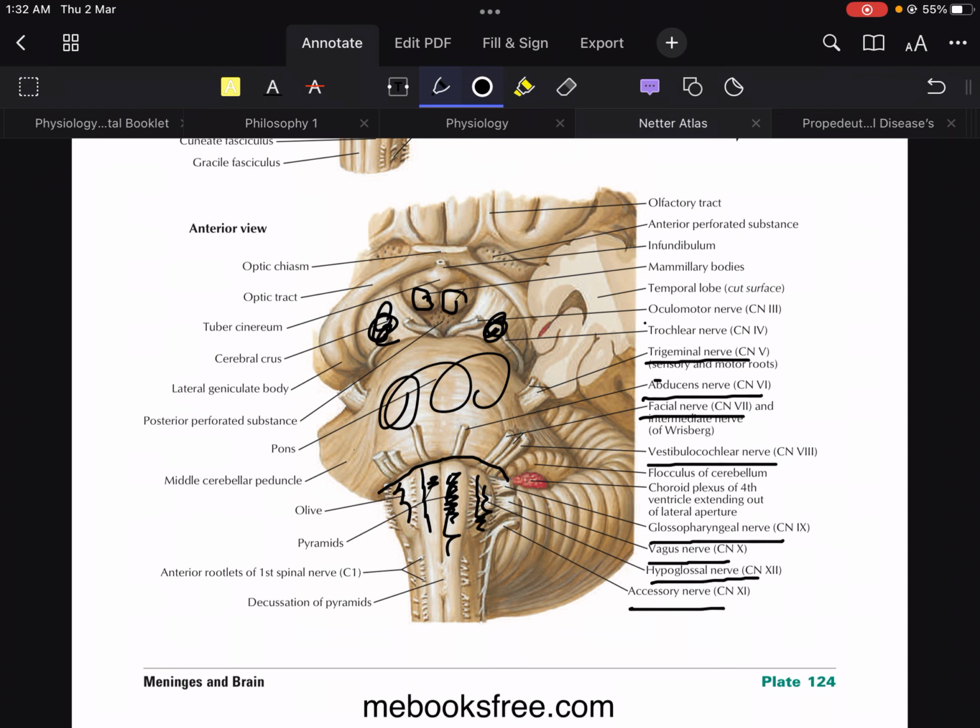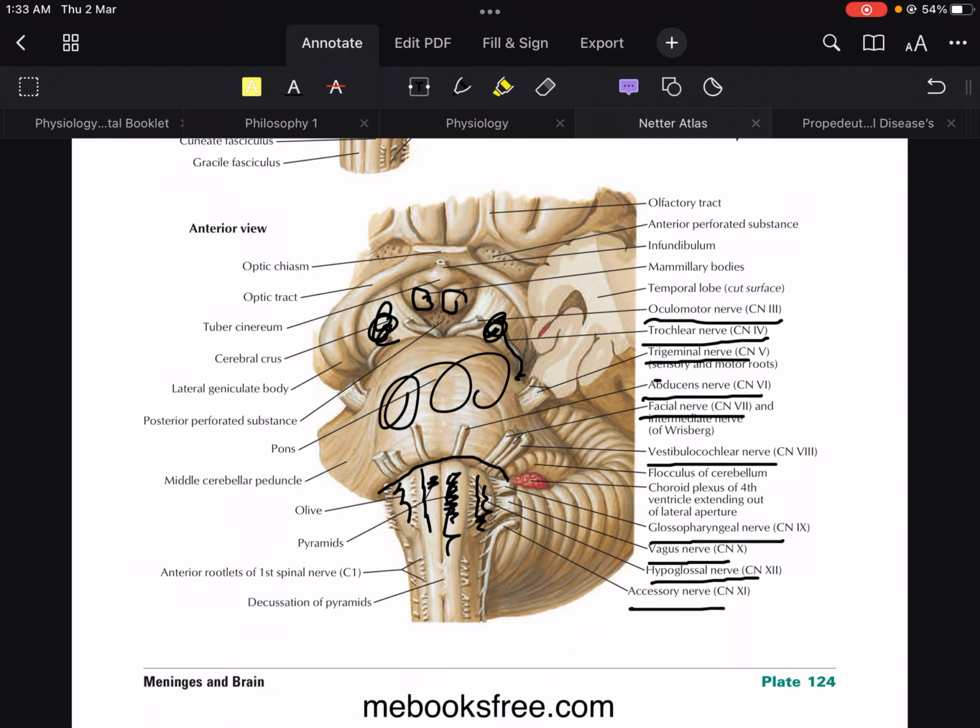Number 3 is the oculomotor nerve, which exits from the medial part of the cerebral peduncle, and number 4, the trochlear nerve, exits from the lateral part of the cerebral peduncle.